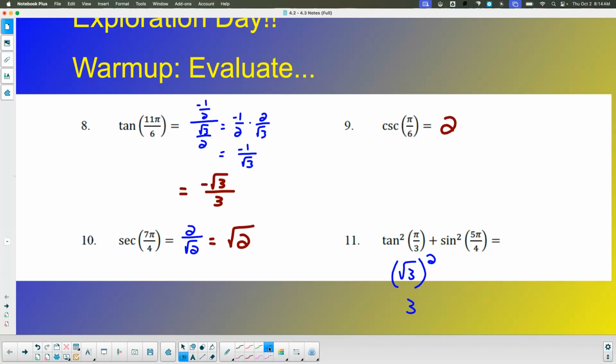Sine squared at 5 pi over 4. 5 pi over 4 has a sine of negative square root 2 over 2. When I square that, that gets me 2 over 4, or 1/2 there. Add those 2 together. 3 plus 1/2 is 7/2.